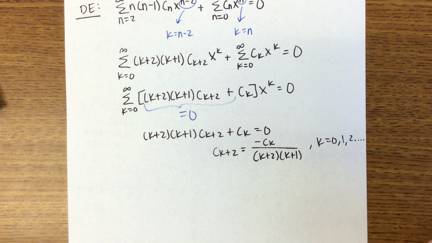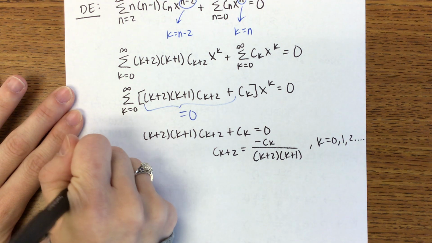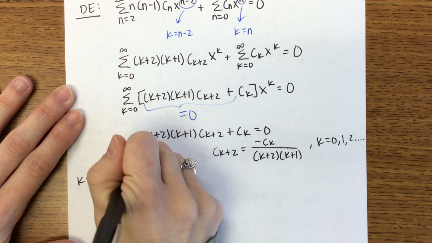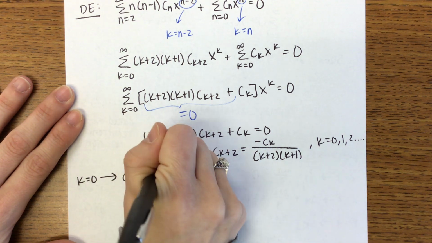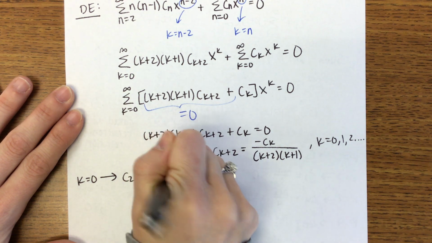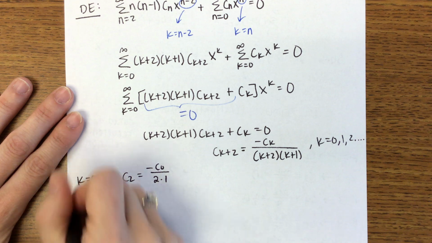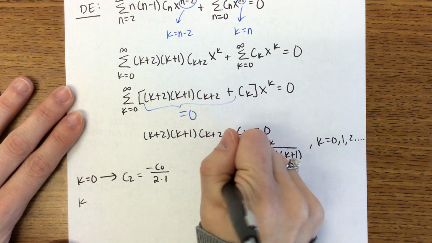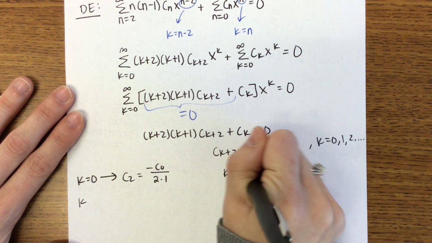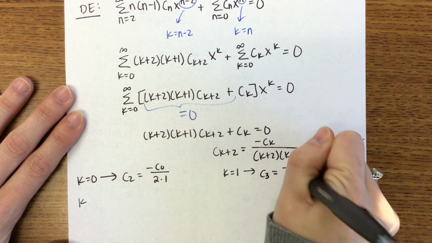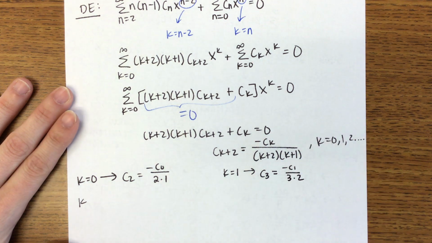What you're going to do now is start plugging in values of k. We plug in k equals 0. We get c_2 is equal to negative c_0 over 2 times 1. If we plug in k equals 1, we're going to get c_3 is equal to negative c_1 over 3 times 2.